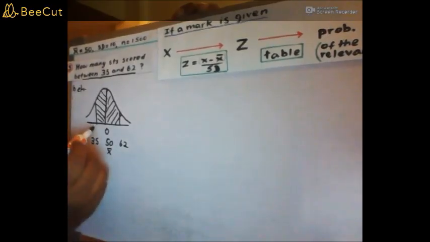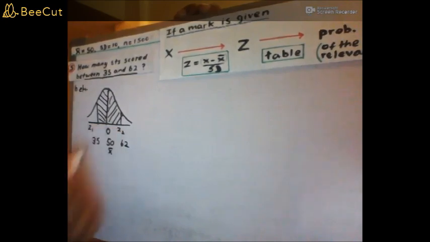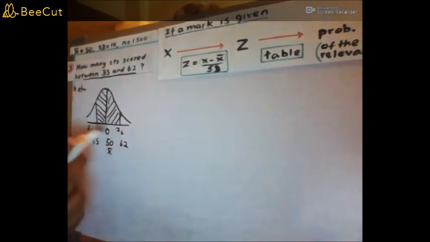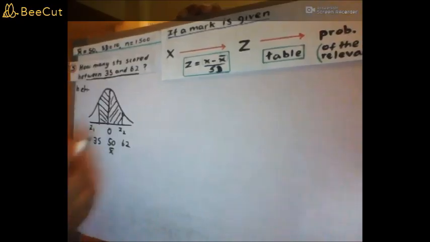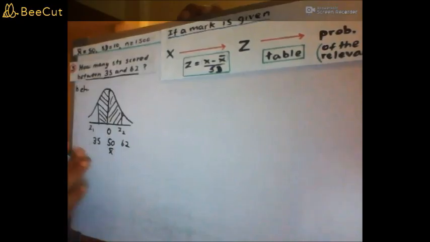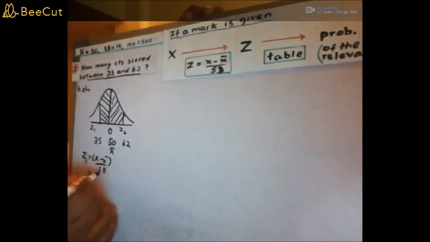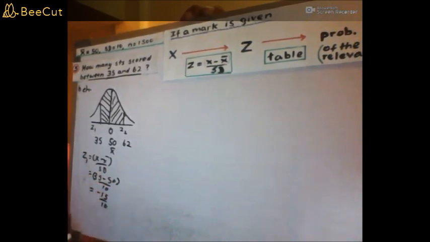Now we'll name these Z1, Z2, it doesn't matter. Now you have to find the Z values. Z1 equals x minus x bar divided by SD, that is 35 minus 50 divided by 10.